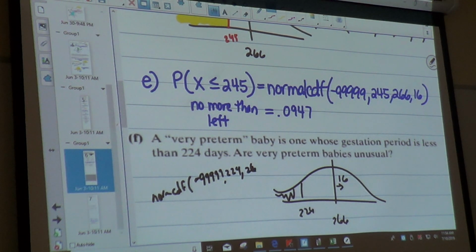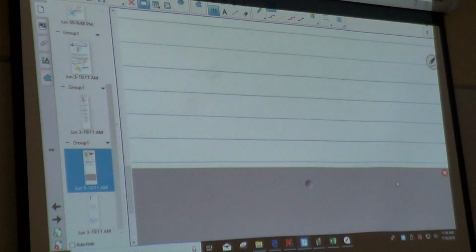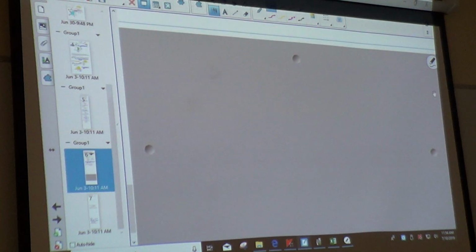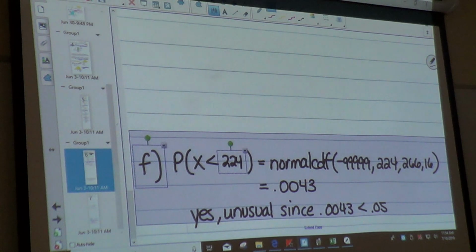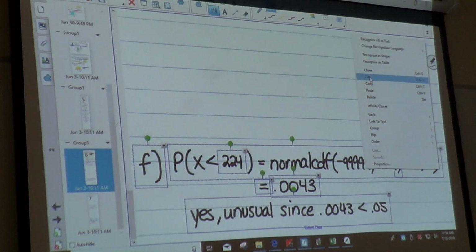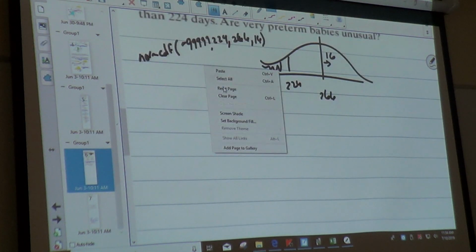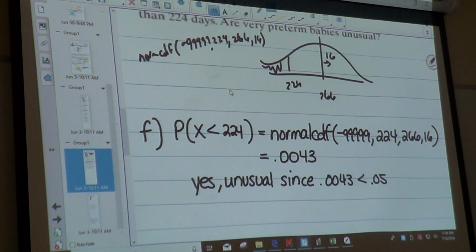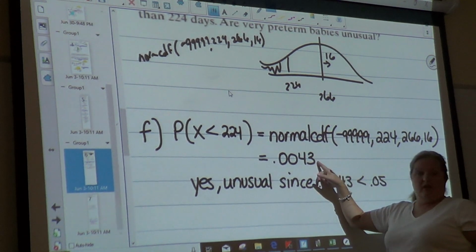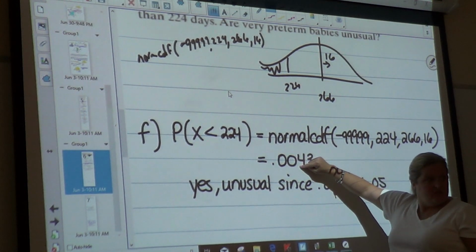My mean is 266 and my standard deviation is 16. So, I go down here, grab this last bit, cut, and come back up here and paste it, and I get a .0043, which means 0.43%, 0.5%.